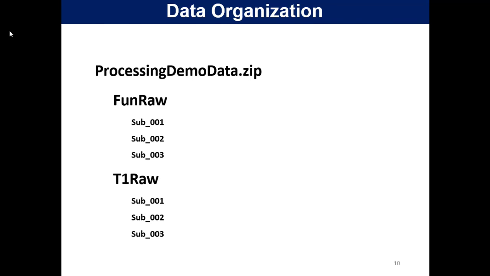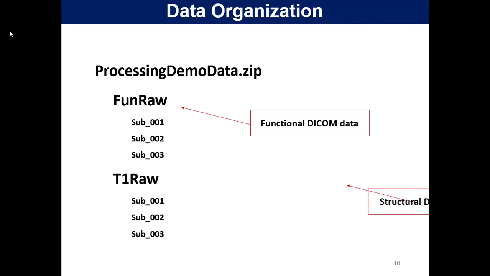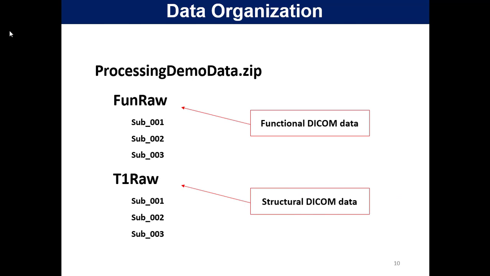So we need to organize our data like Fun Raw and T1 Raw. Fun Raw is the functional raw data, and T1 Raw is the structural raw data. In each you have several subjects.